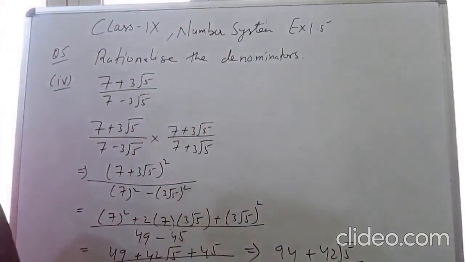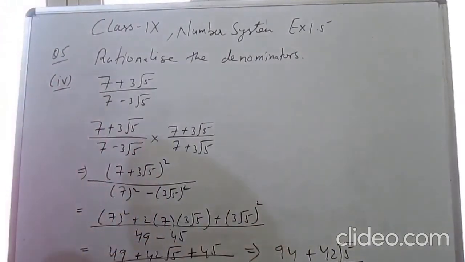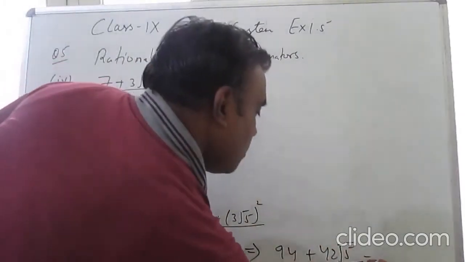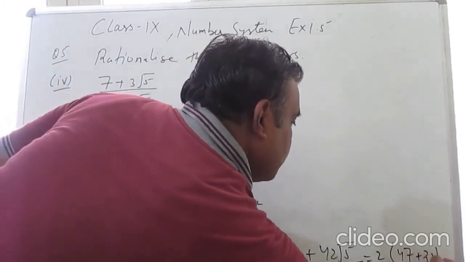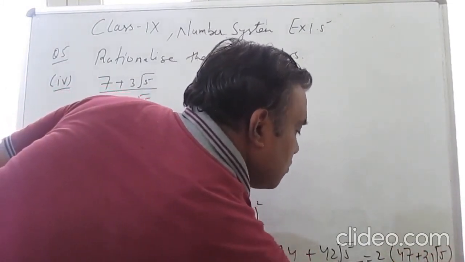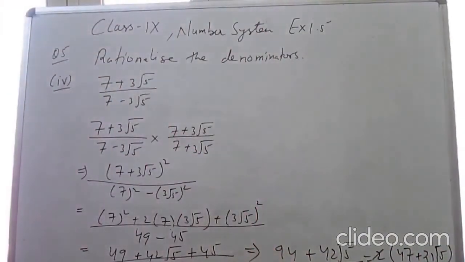You take 2 common and cut it, you will get the answer. So take 2 common. Here it is 47 plus 21 root 5 upon 4. Cut it with 2. The final answer is 47 plus 21 root 5 upon 2.